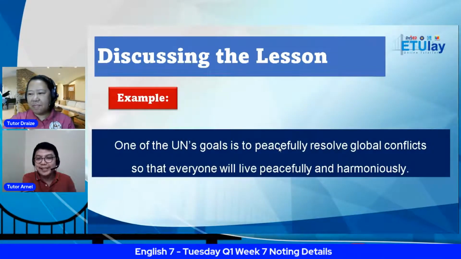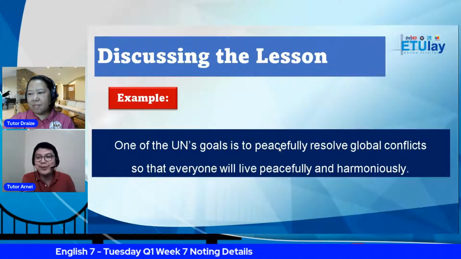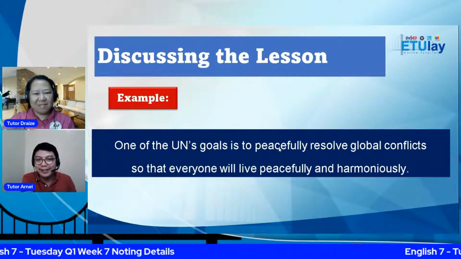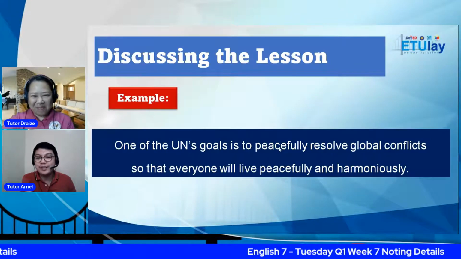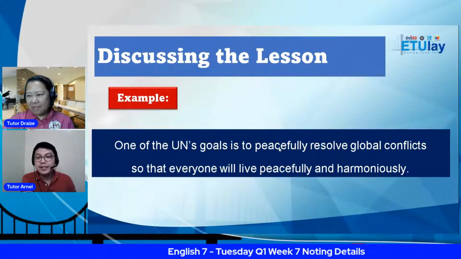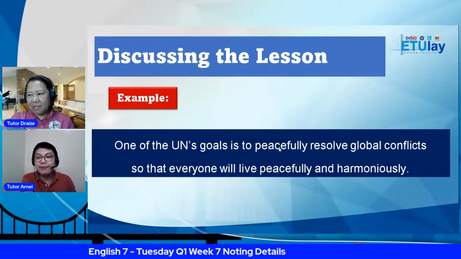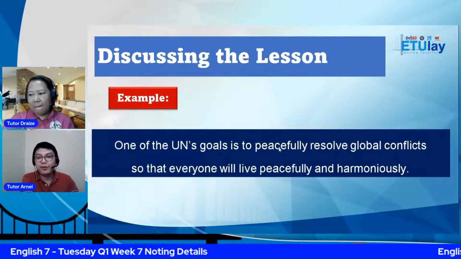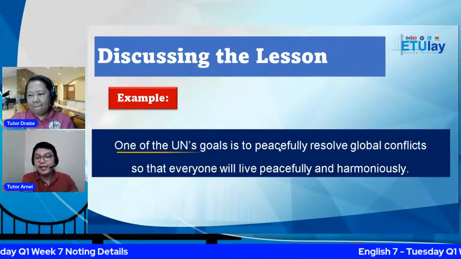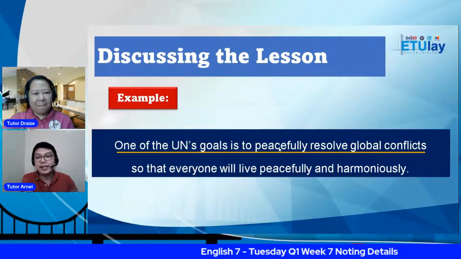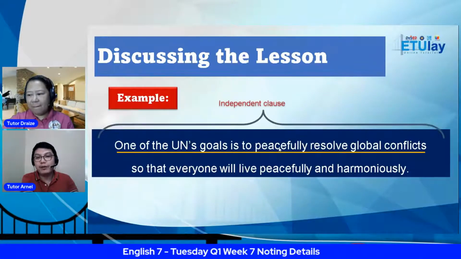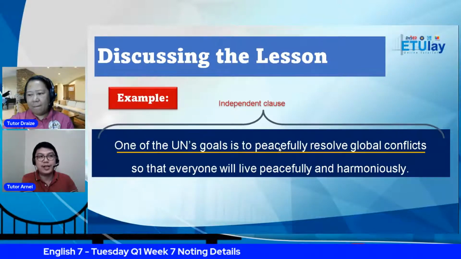All right. So here is an example of a sentence. One of the UN's goals is to peacefully resolve global conflicts so that everyone will live peacefully and harmoniously. All right. So let's look at this one. This group of words that has an underline is an example of an independent clause.